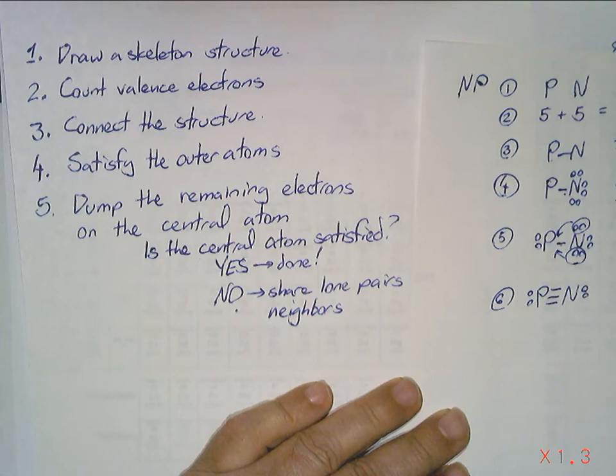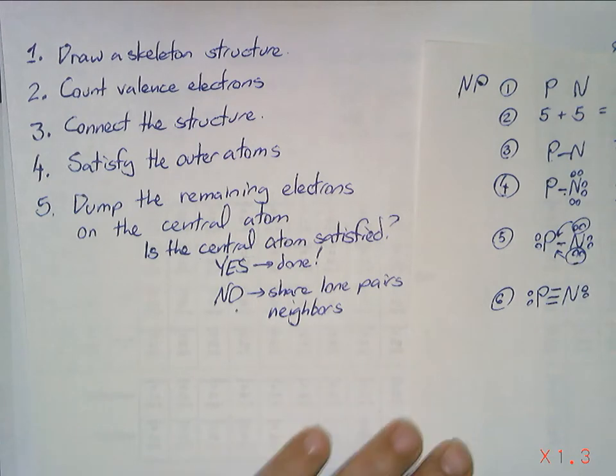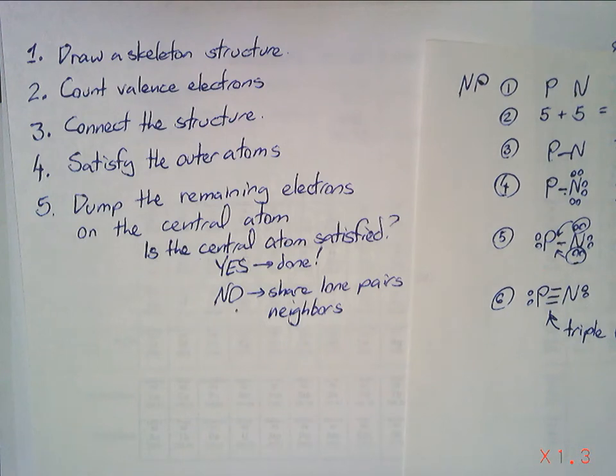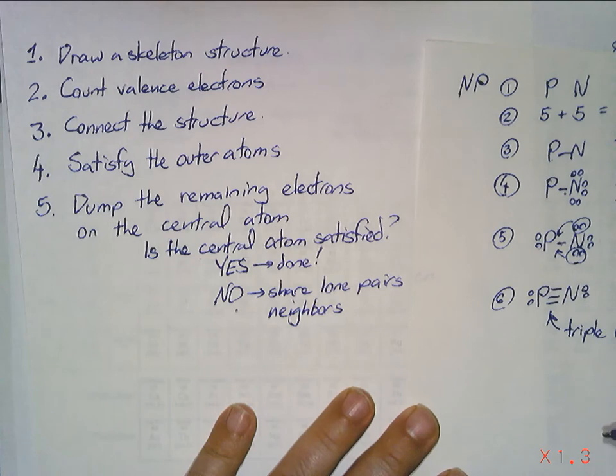Now, do you see what happened? I took these lone pairs and turned them into sticks. There was one there, and now I have a multiple bond here. In fact, this is called a triple bond. And there are six electrons, or 3 pairs of electrons, gluing the phosphorus and the nitrogen together in this molecule.